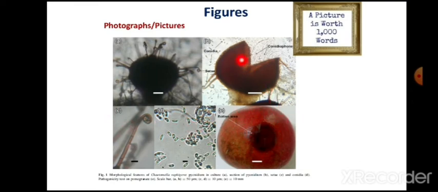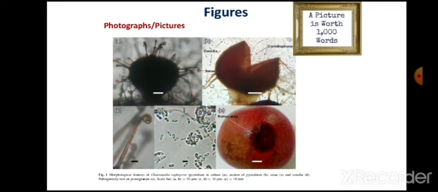So this picture is a combination of several images, several photographs. This is very important because this whole figure represents that there is a fungus and that causes this disease in pomegranate. So this is how we can combine figures, which is a part of skill.